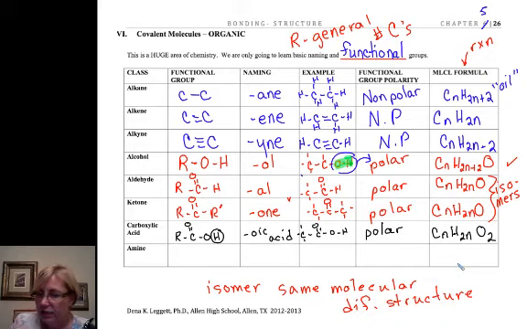And then the last one that I'm going to review with you is the amine. So that's going to be an R group of carbons. Your typical nitrogen is going to have 3 bonds and a non-bonded pair.